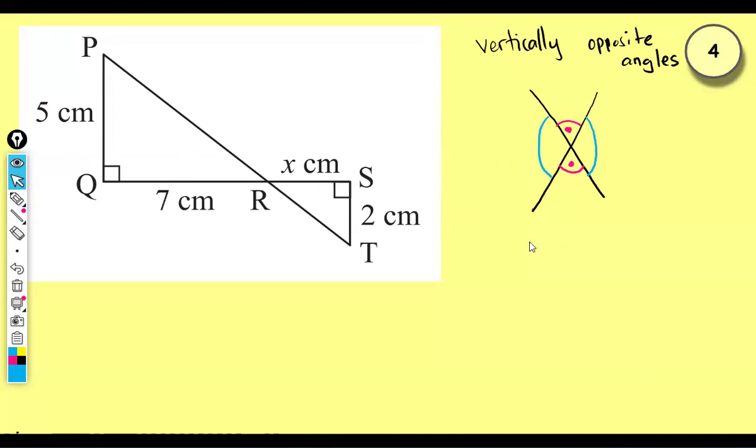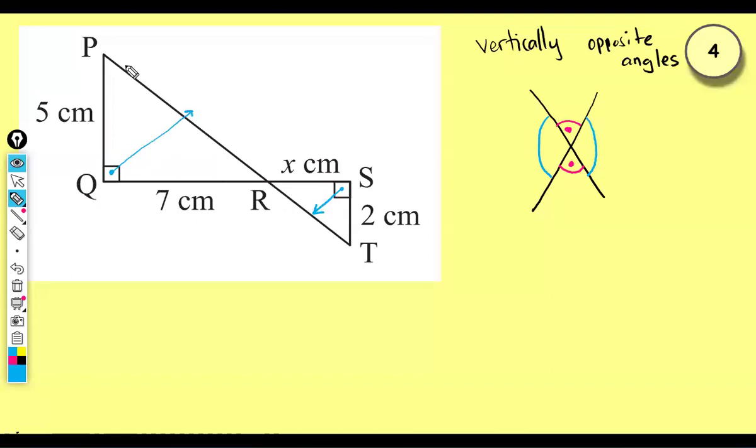Now we have to make sure, because it's easy to mix up which side corresponds to which side. If this angle here is 90 degrees, and over here there is also 90 degrees, isn't this side also opposite the right angle?